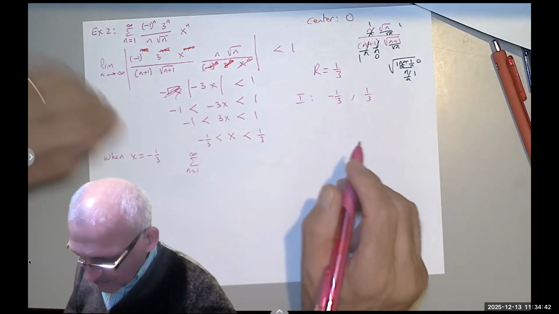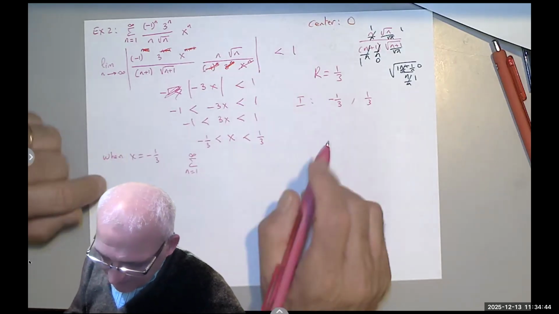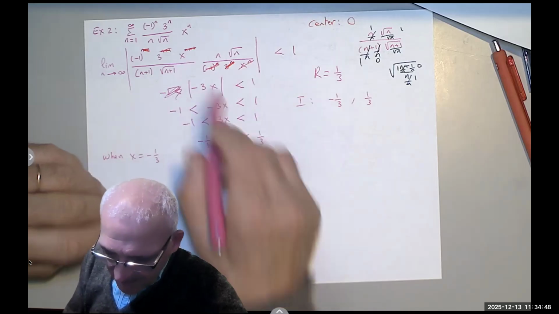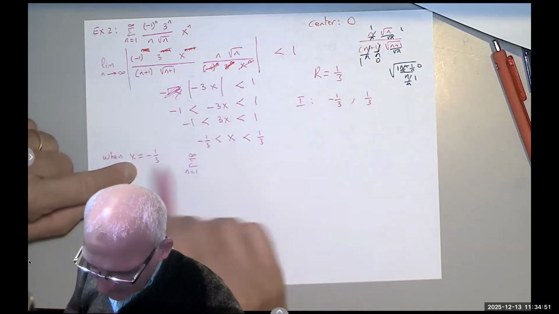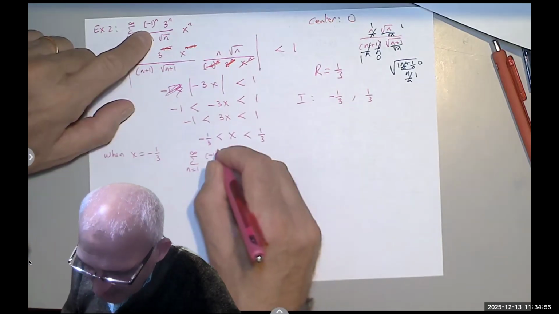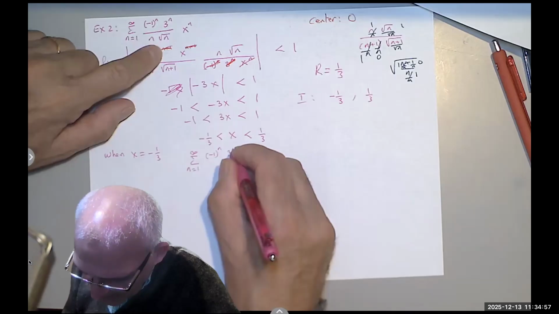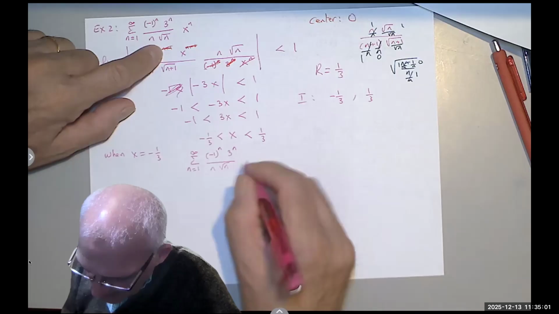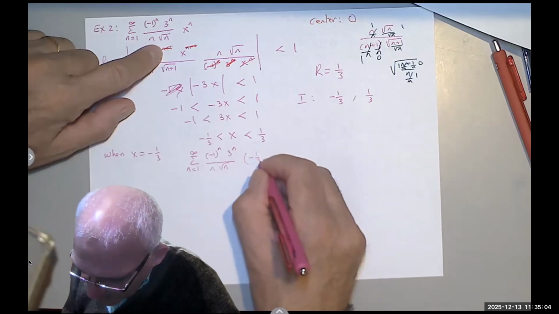That will give me infinity, so it won't work. So basically what we have here is negative 1 to the n times 3 to the n over n root n times negative 1/3 to the n.